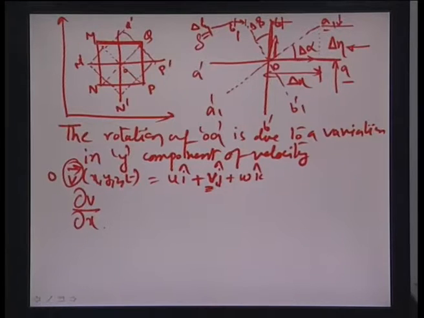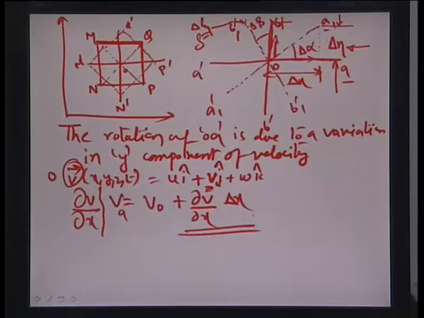If the velocity at O in the y direction were v0, the velocity at A would be equal to v0 plus del v by del x times delta x. This is the additional velocity coming from the variation of the y component of the velocity as you move from O to A in this particular rotation case.